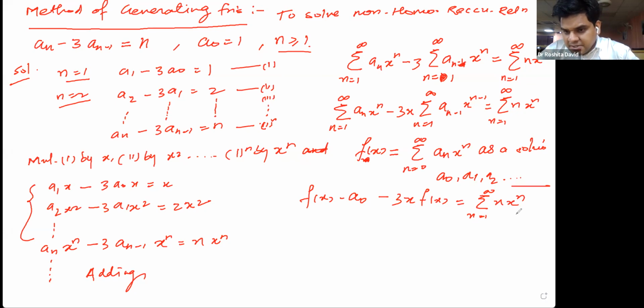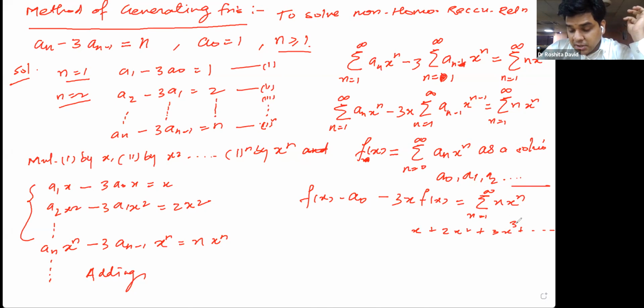Right? And this series, if I consider, is nothing but x plus 2x square plus 3x cube and so on. So we have to generate 1, 2, 3, and so on.